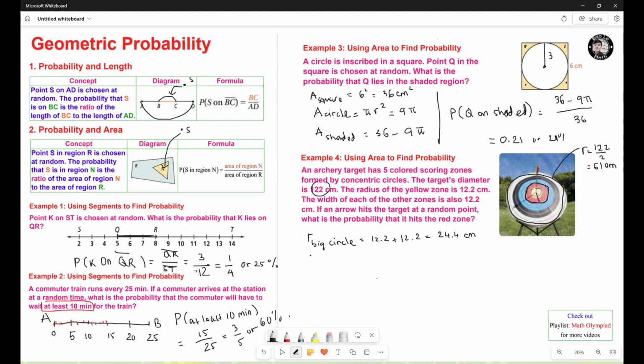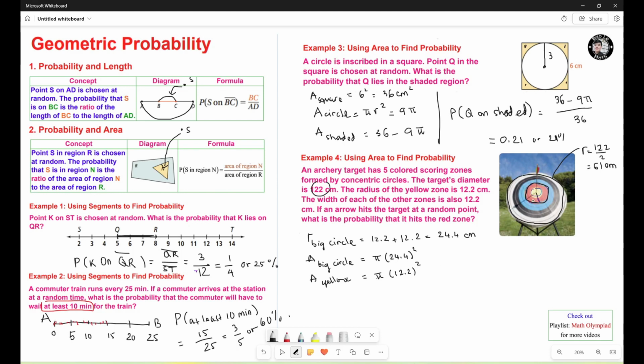Alright, so we have the area of the big circle. It's going to be pi r squared, so pi times 24.4 squared. Now the area of the yellow is going to be pi times 12.2 squared.